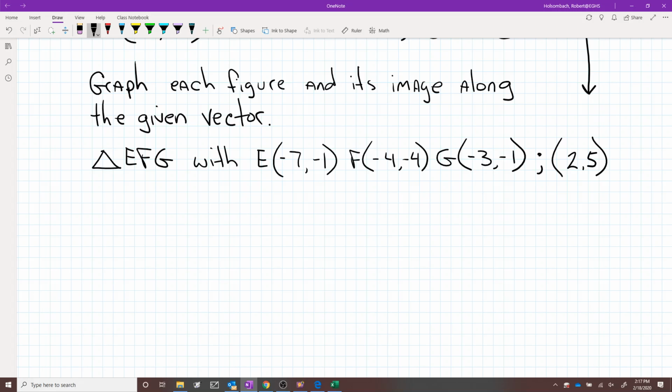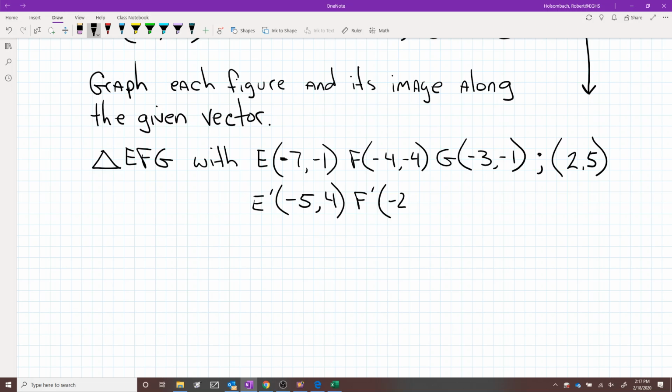So based on that information right there, which way is that shape moving? Up and right. It's going right 2 and up 5, isn't it? So what we're going to do next is we're going to list the coordinates of our E prime, F prime, and G prime. So our E prime, if we're going to the right 2, we add 2 to -7, -5. And if we're going up 5, we got -1 plus 5. Good. And then you do the same thing for your F prime.